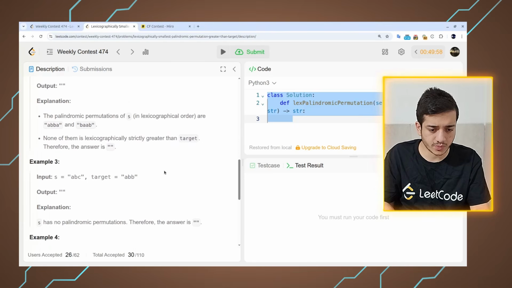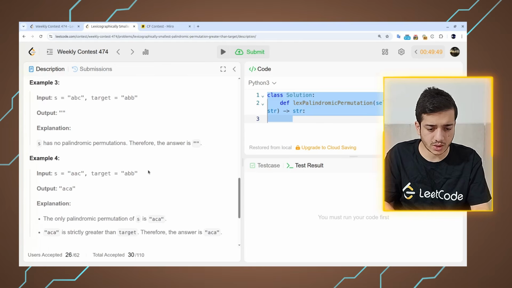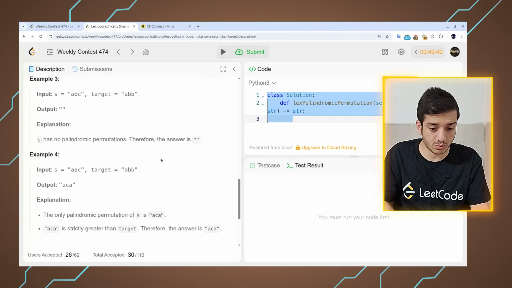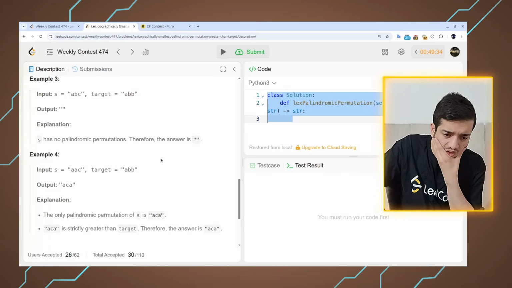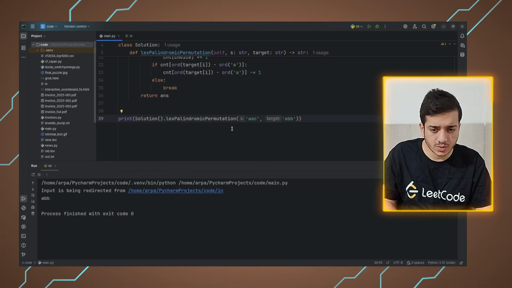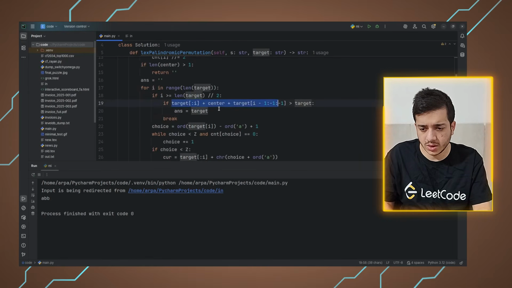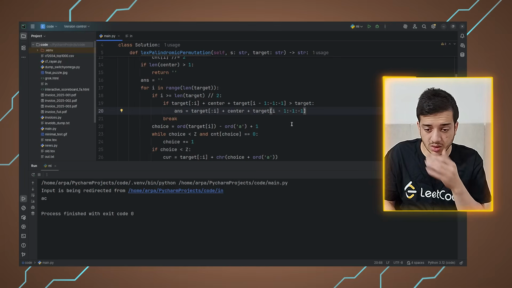Nothing we have. Then ABC, ABB. Nothing we have. Then AAC, ABB, ABB we have. Oops. Oh, why? Why is that? Oops. Answer repeat this, not target. AC. Okay.